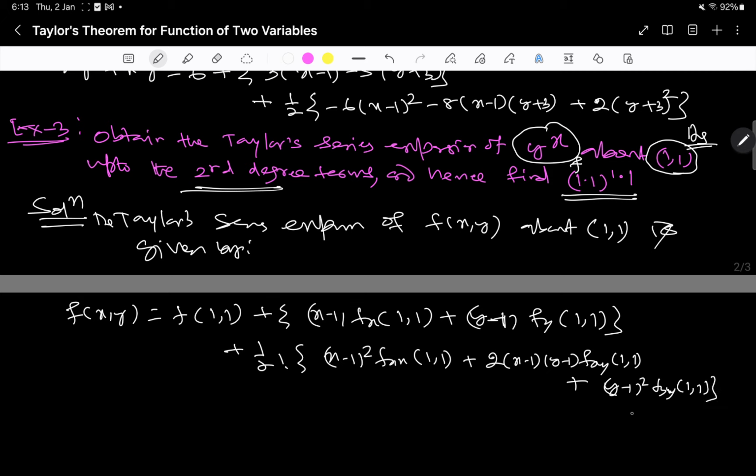This is up to second degree, it is asked, so we leave it here. Now we substitute, we get the individual values.